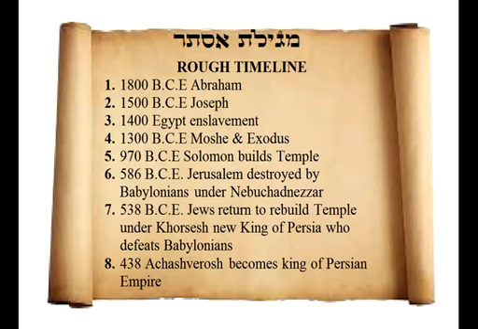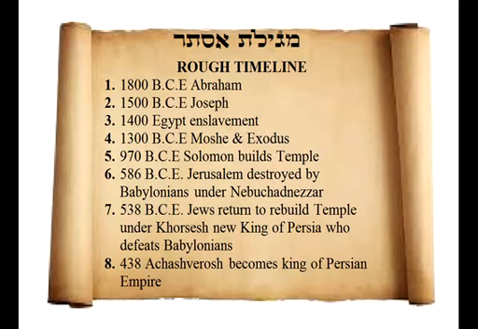A new Pharaoh arises in approximately 1400 BCE and begins the enslavement of the Jewish people. There's about 200 years or so of slavery, and at this point, Moses rises to the leadership.